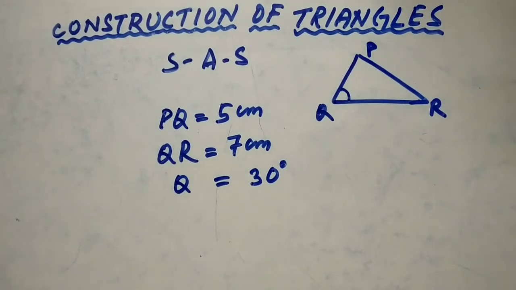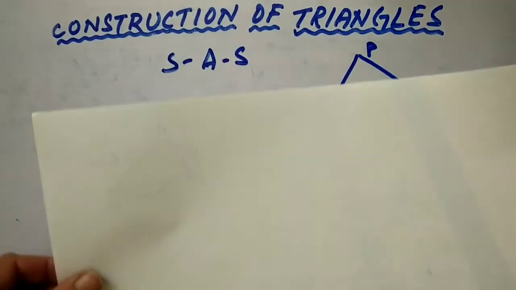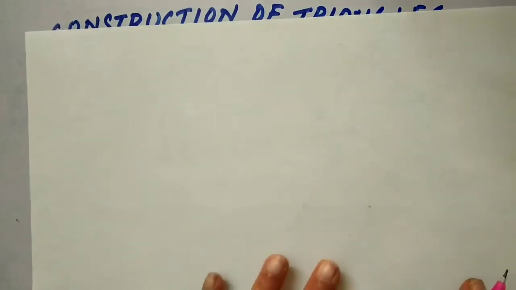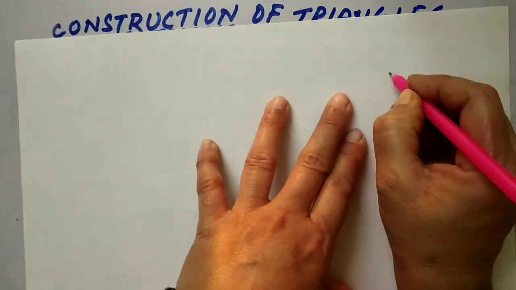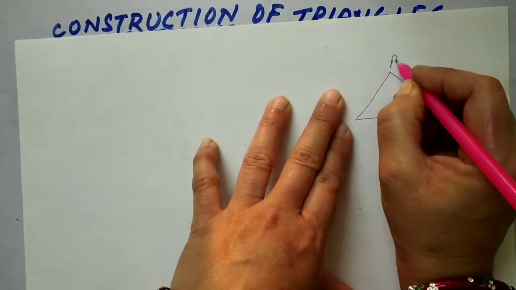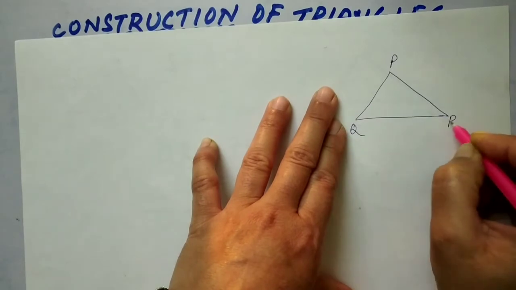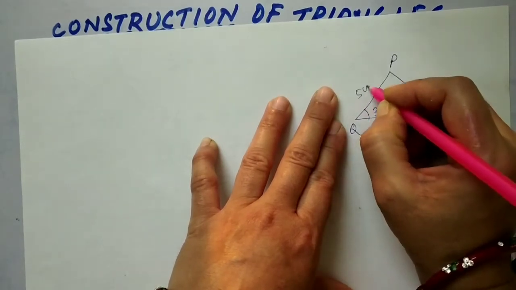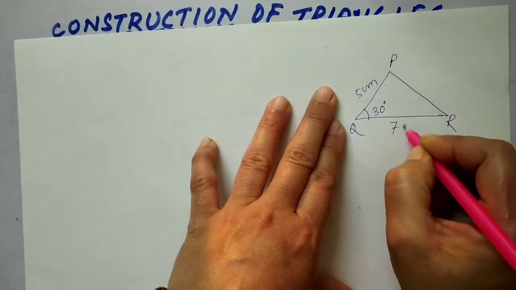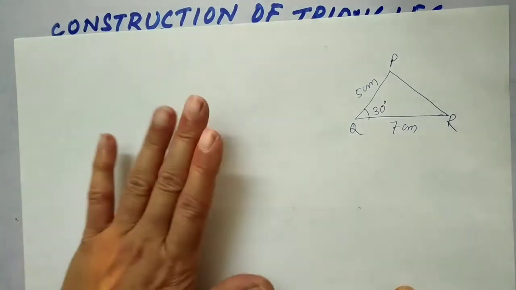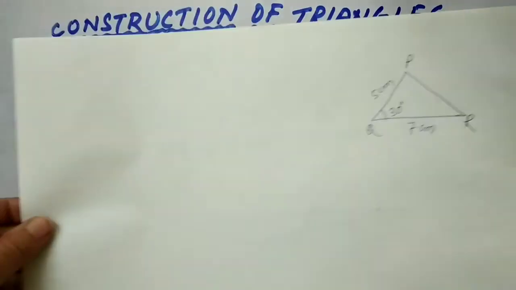Now we have to first draw the rough sketch. Let us draw the rough sketch. PQR, Q is 30 degree, PQ is 5 centimeter and QR is 7 centimeter. This is your rough figure. By looking at this rough figure, now we have to construct the triangle.